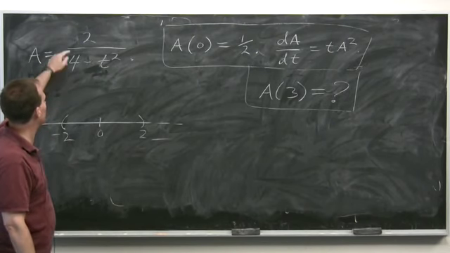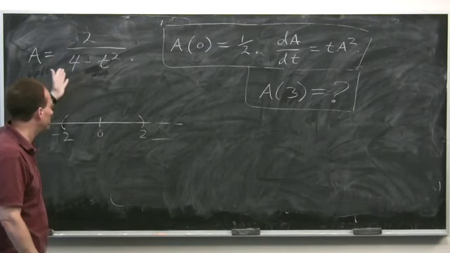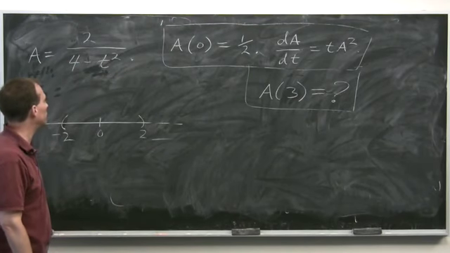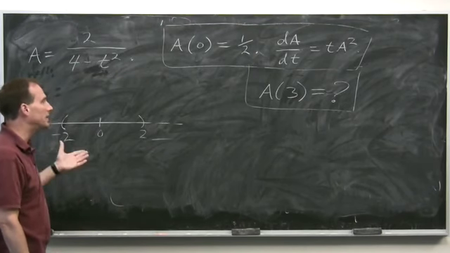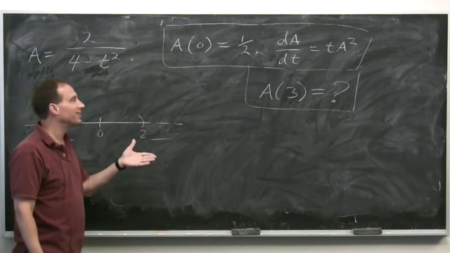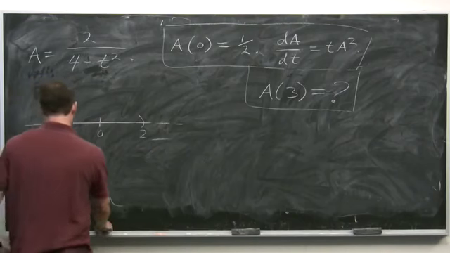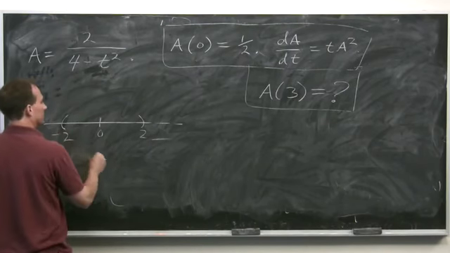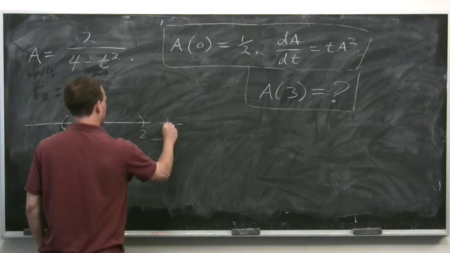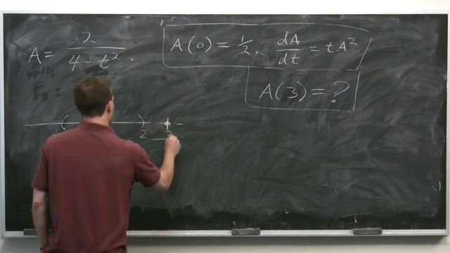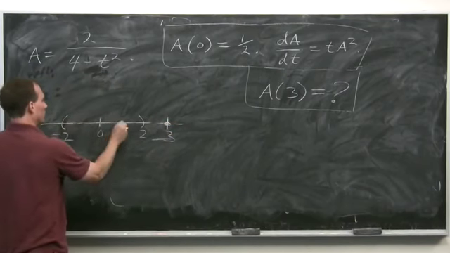You plug in 3, you get 2 over 4 minus 9, perfectly defined, negative 2/5. Fine. Is that right? No. In fact, we don't know. You're not given enough data to tell you what happens out here at 3, right? Your solution is only good on this interval.